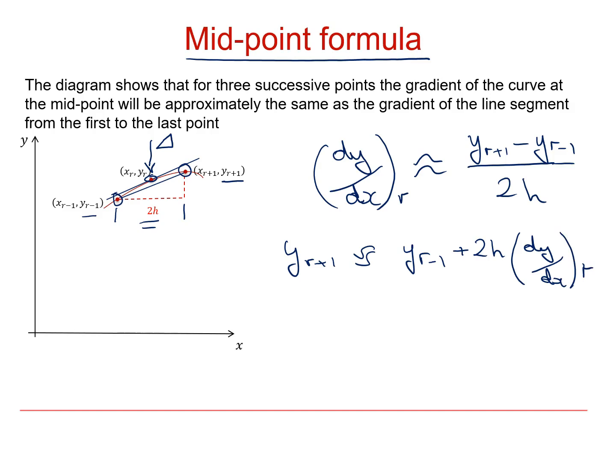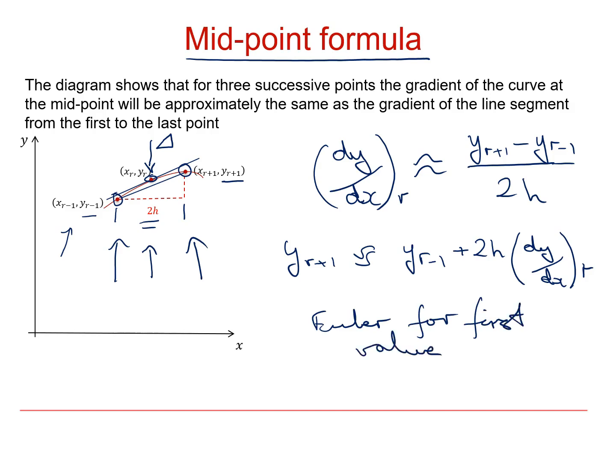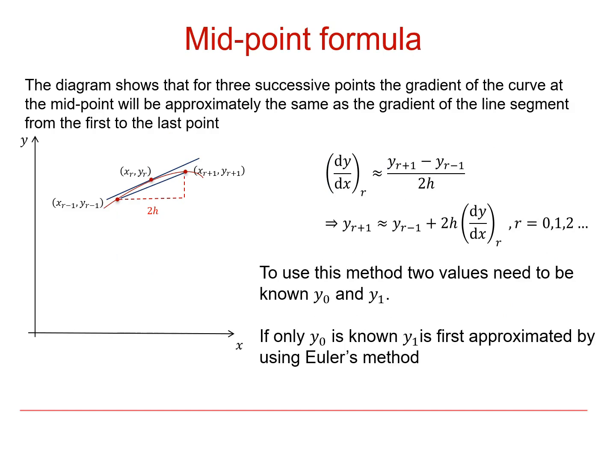Of course, what you end up needing here is to know two y values to get the third y value. If you're only given one starting point on your curve, then to find the first value you end up using Euler for the first value. Here's that written up more neatly for you to freeze the video if you want to.